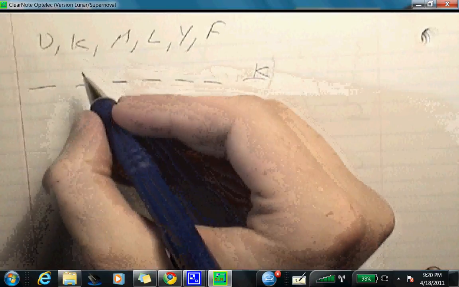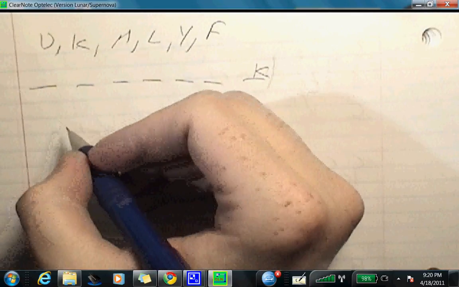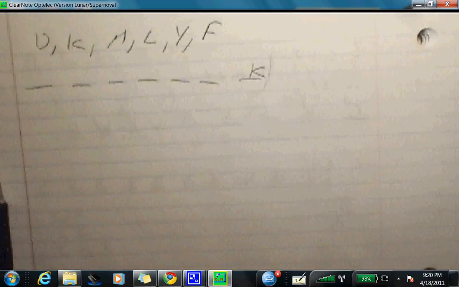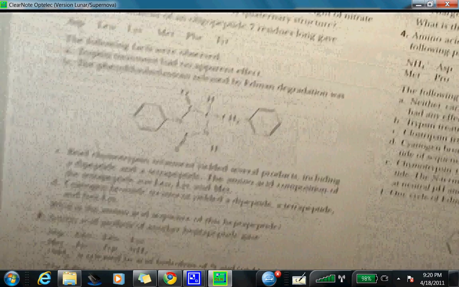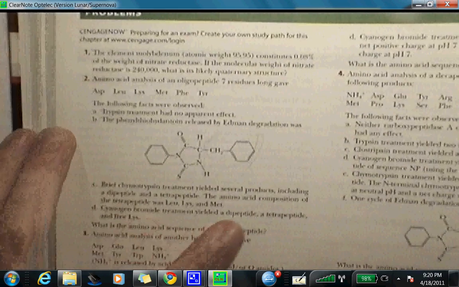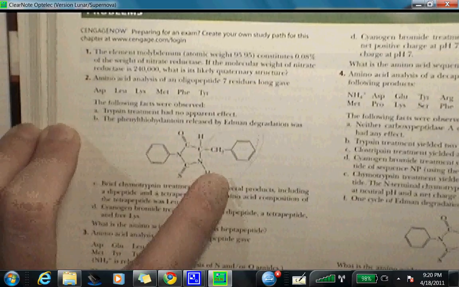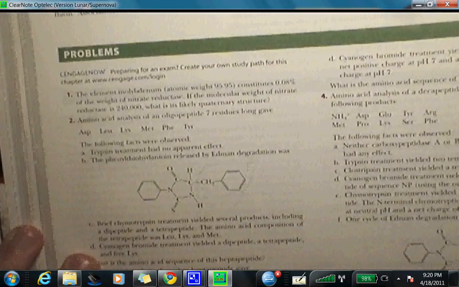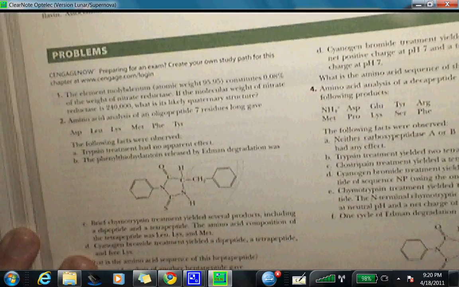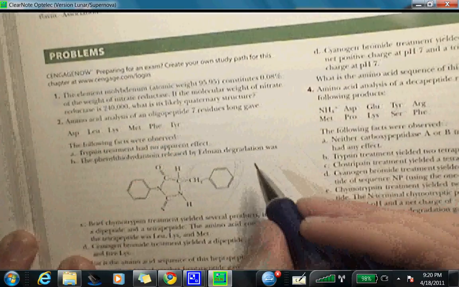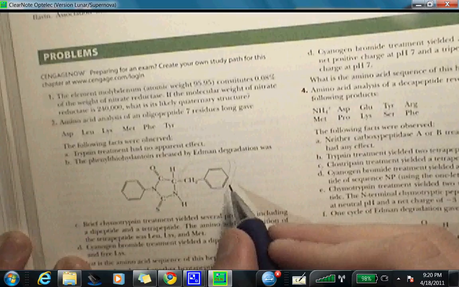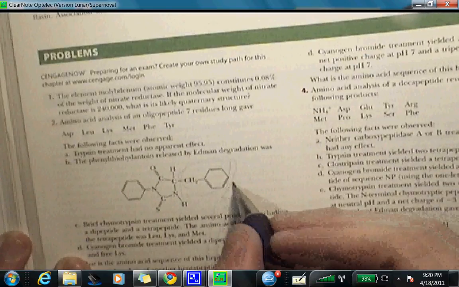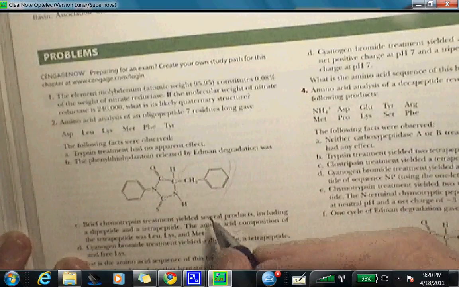The second one, part B, shows us a structure, and the structure is this. And it's Edman degradation, so you need to be able to recognize Edman degradation. What you need to recognize is that this right here is going to be your R group, and this R group is phenylalanine.